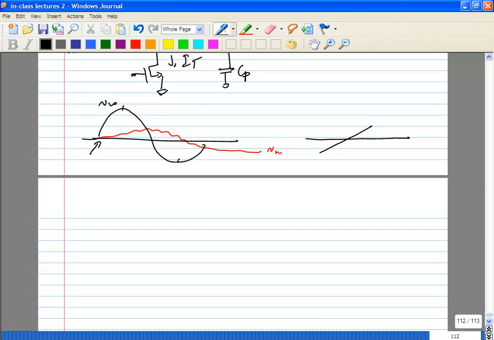So let's say this is your Vn. What's going to happen is the zero crossing is going to change by some delta t. Is that clear? What is delta t? Let's say the noise has some profile Vn of t, then delta t is Vn of t over S, where S is the slope of the input waveform.